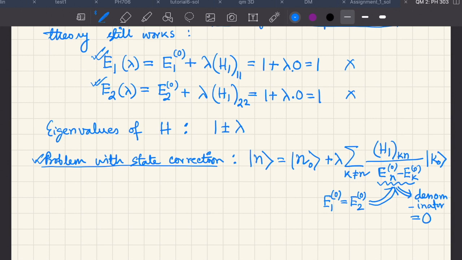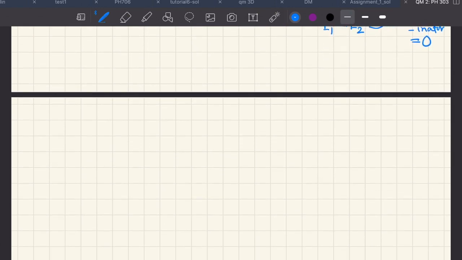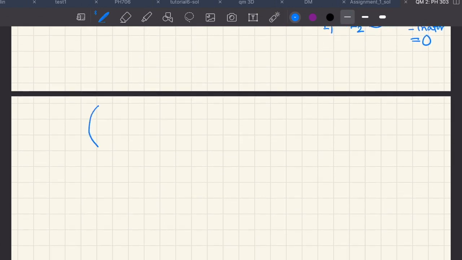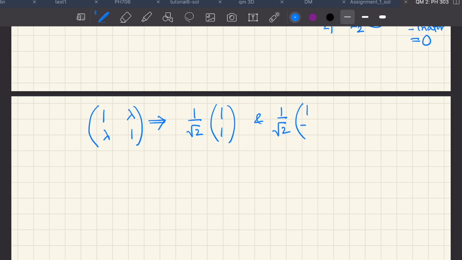Why am I saying this? If you simply look at this matrix, the full perturbation matrix, 1 lambda and lambda 1, this will give you the eigenvectors as 1 by root 2 (1, 1) and 1 by root 2 (1, -1).